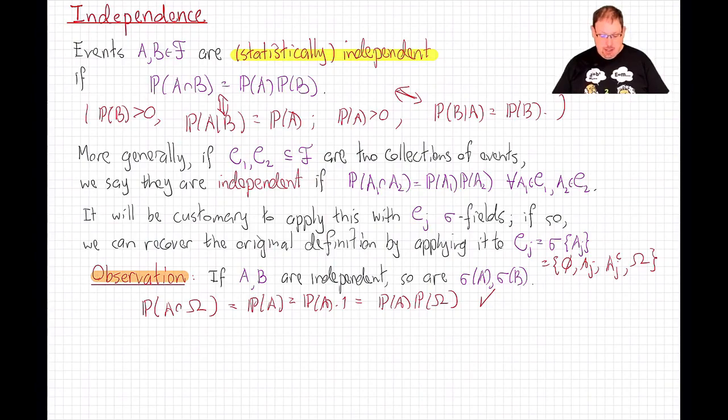Now, our assumption was that A and B are independent. What about A and B complement? Well, we can just draw a little picture here.